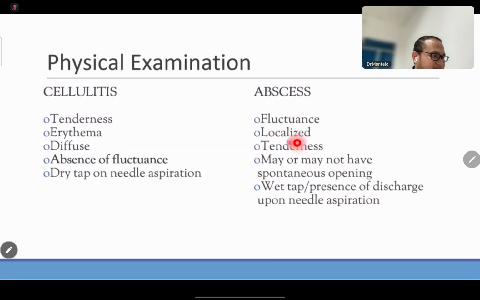And one clinching finding is the presence of fluctuance. Abscess you have, cellulitis you don't. Then if you're not sure whether it's cellulitis or abscess, you can do needle aspiration. For cellulitis, it's dry, while for your abscess, you can have positive discharge or a wet tap.